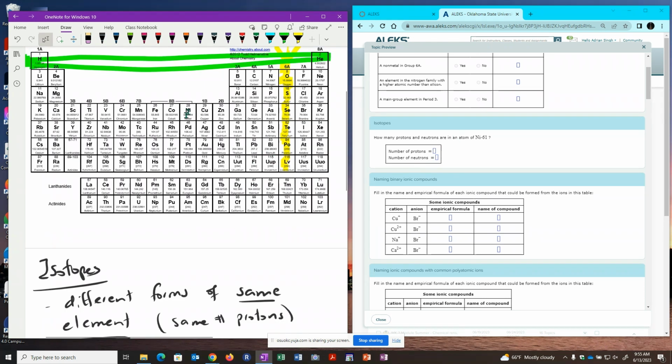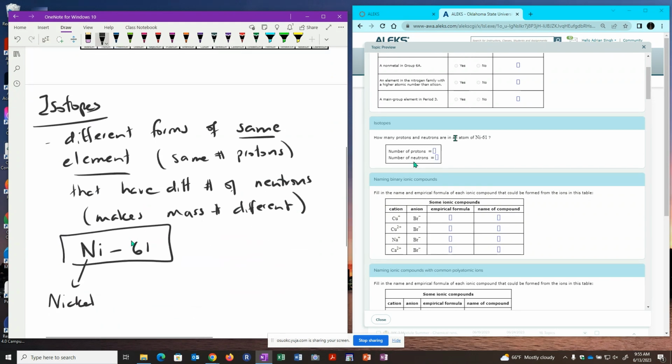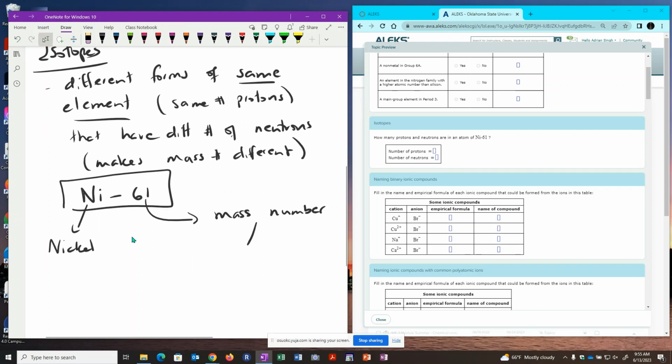So nickel, whereas nickel's right here. And then the 61 here is actually telling you the mass number for this particular isotope of nickel. Okay, so what does the mass number tell us? Well, the mass number is the sum of the protons plus the neutrons.